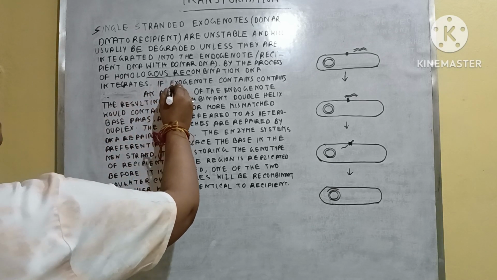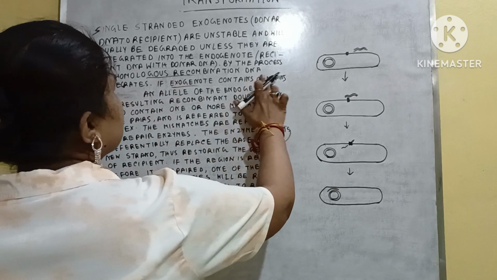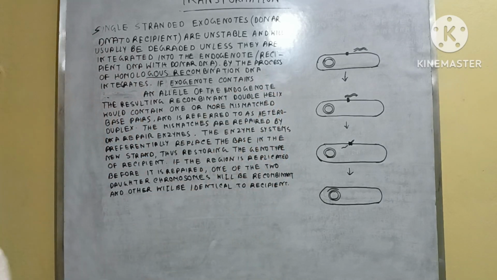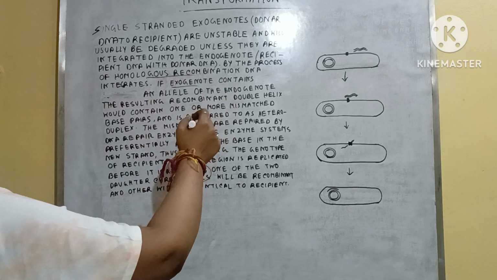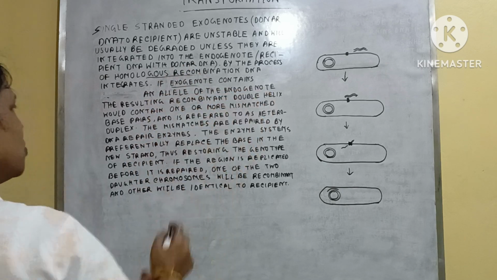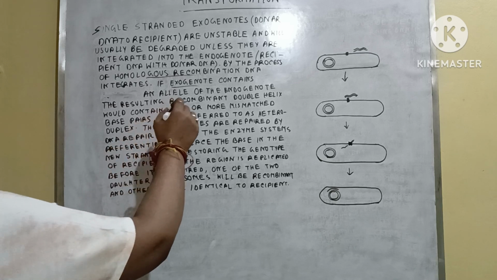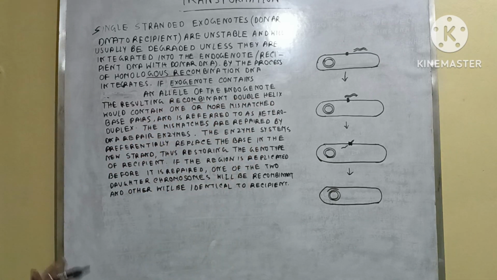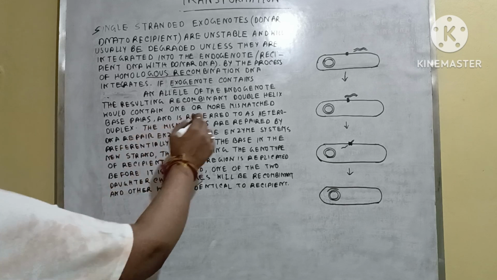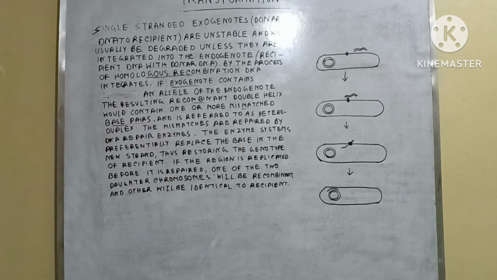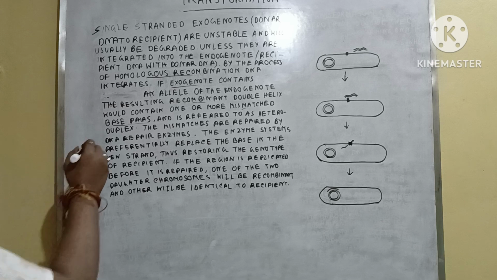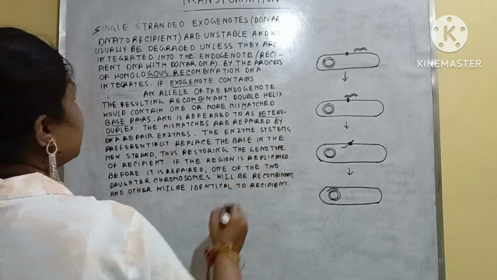If the exogenote has an allele of the endogenote, then after recombination the recombinant double helix has one or more mismatched base pairs. Clear? One or more mismatched base pairs. In this situation, these are called the heteroduplex.